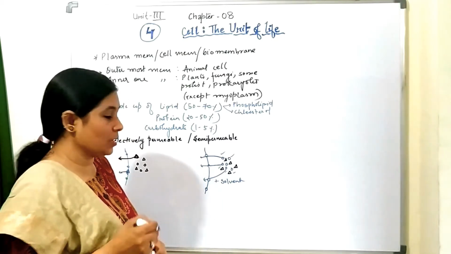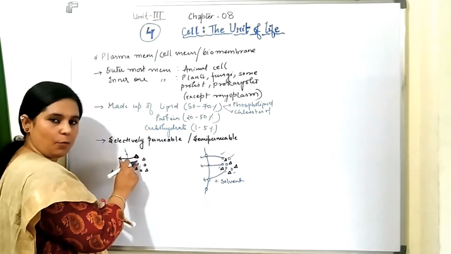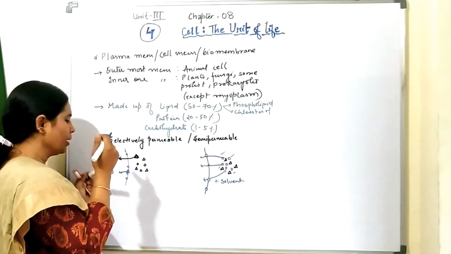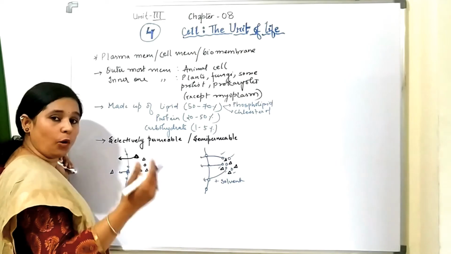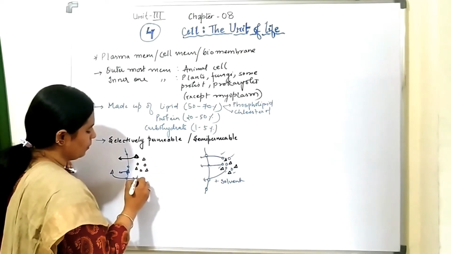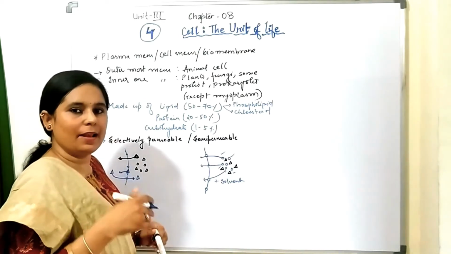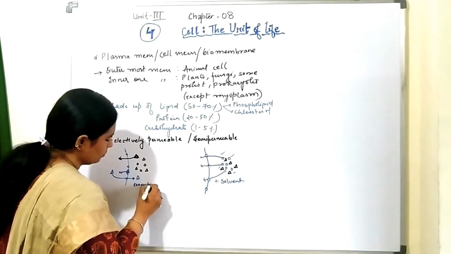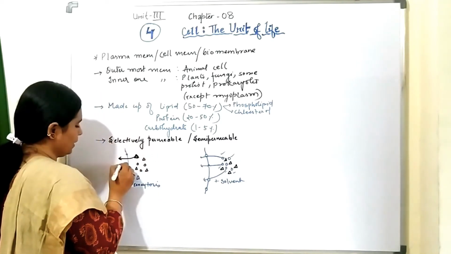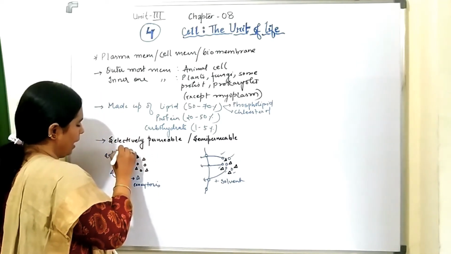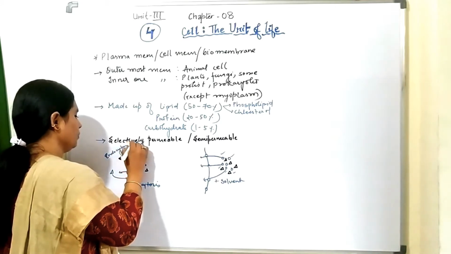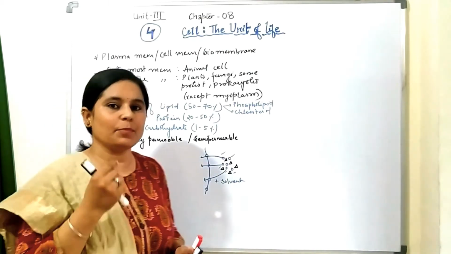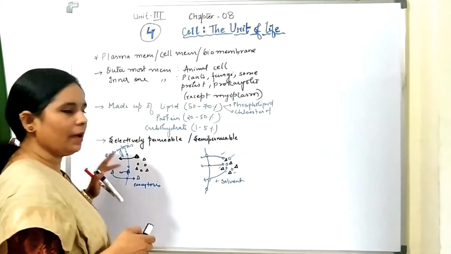So through endocytosis, a molecule of different size can also go inside the cell if the cell needs that molecule. Same way, if the cell doesn't want any molecule, that molecule will be thrown out of the cell by the same exocytosis process. Fine, inside through endocytosis and outside by exocytosis. This is called selectively permeable nature of the plasma membrane.